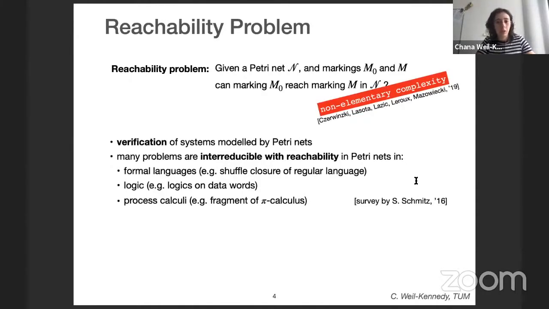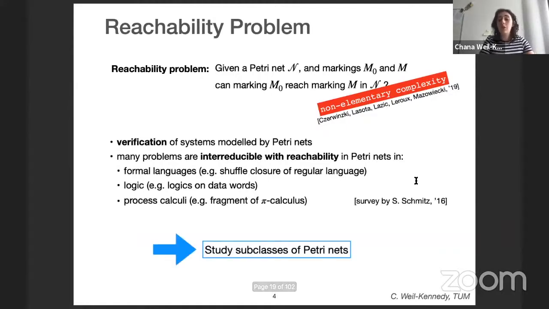It has non-elementary complexity, as was shown by members of the audience last year. And so it's natural to want to study subclasses of Petri nets that have a more manageable reachability problem.